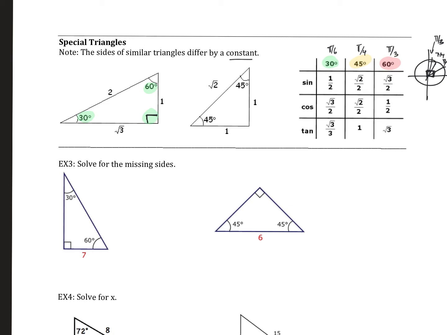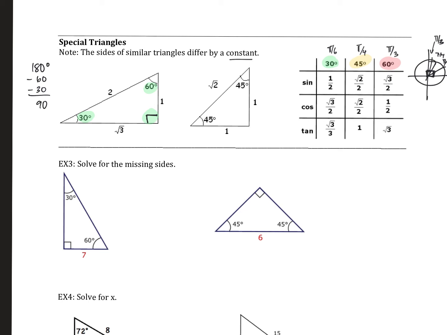Well, if you remember, the degree amount inside of any triangle always equals 180 degrees. All the angles added up should equal 180. So if you took away 60 and 30, you would end up with 90. So that would be 60, 30, and 90.